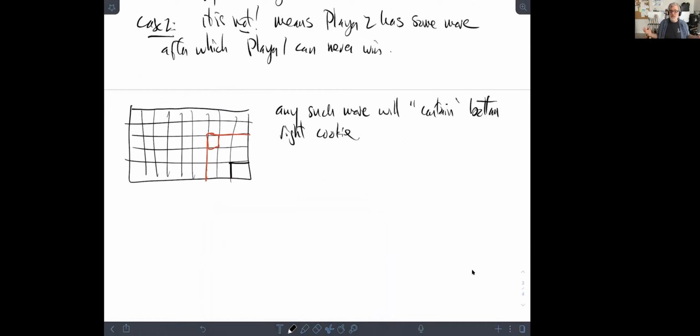So what does player one do? If player one starts with that actual move, then player two can never respond in a way to win after that. That's exactly what we're saying here.